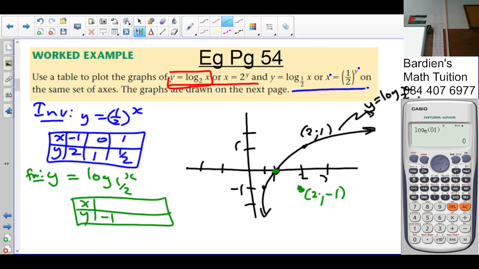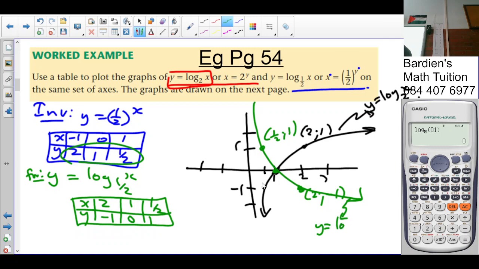X and y says negative 1, 0 and 1 corresponds with 2, 1 and a half. So if x is 2, y is negative 1. If x is 1, y is 0. If x is a half, y is 1. The graph is going to come through like that. Okay, and this is your y is equal to log x base a half.